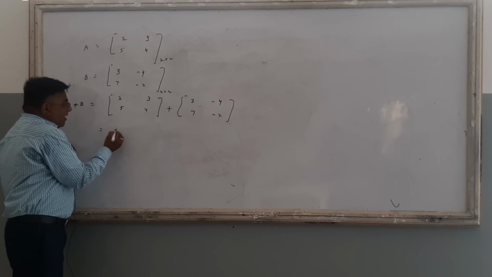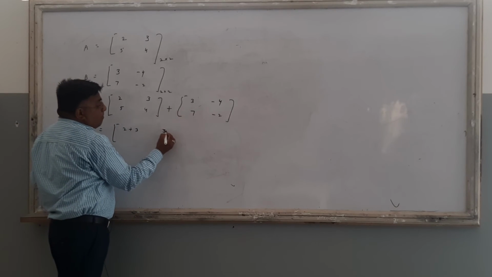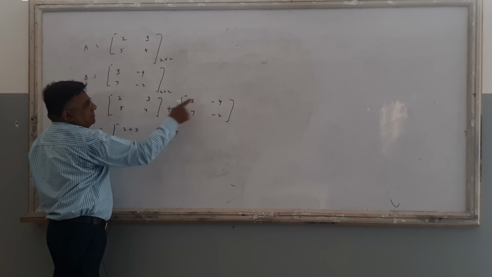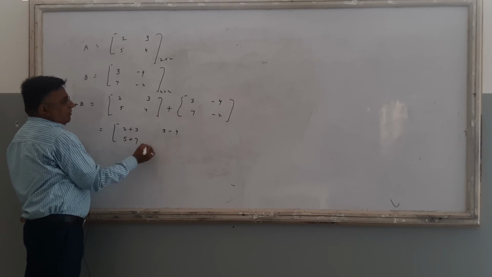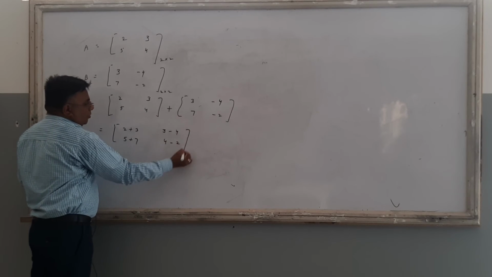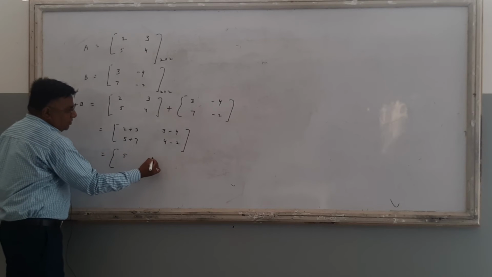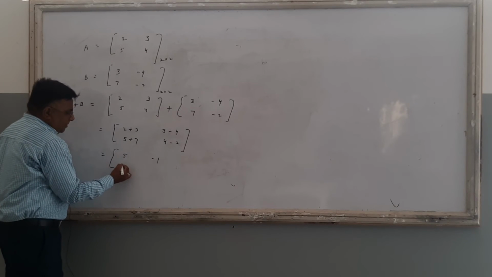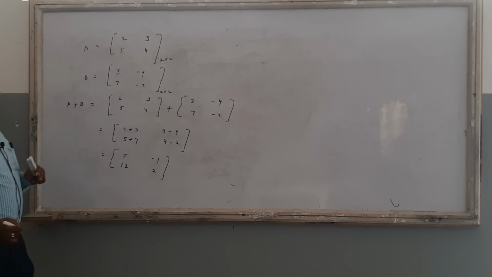So what is the value of 2 plus 3? Then 3 minus 4, second and second, third element to third element, that is 5 plus 7, 4 minus 2. Then the result: 2 plus 3 is 5, 3 minus 4 is minus 1, 5 plus 7 is 12 and 4 minus 2 is 2. This is the value of A plus B.